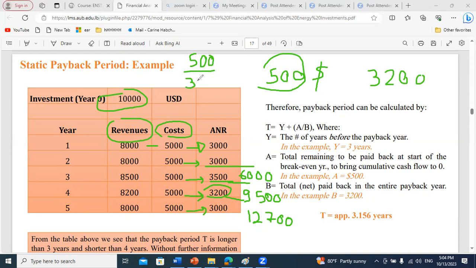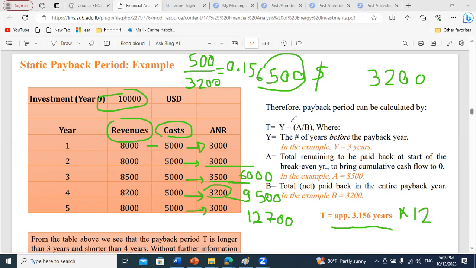So we can get the fraction needed. This will give us 0.156 years. So in total, the number of years needed for payback of this project is 3.156 years. We can multiply by 12 to have it in number of months.